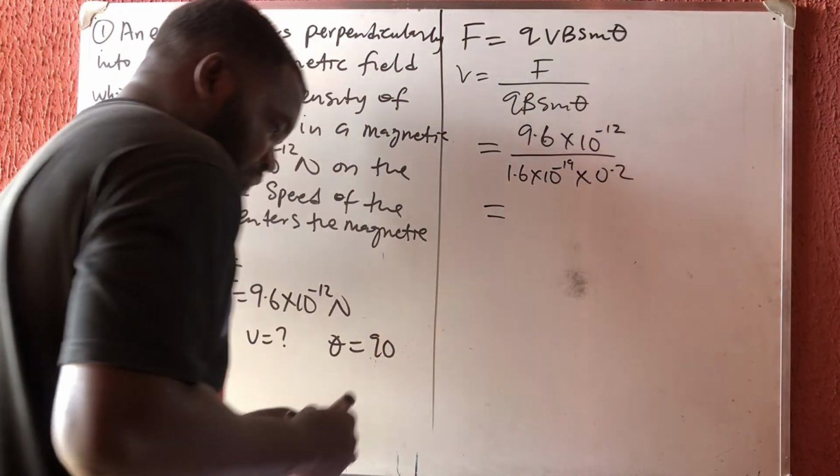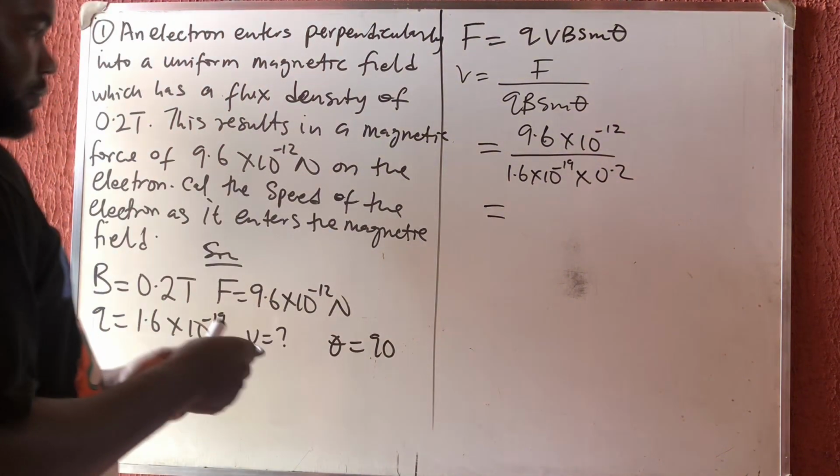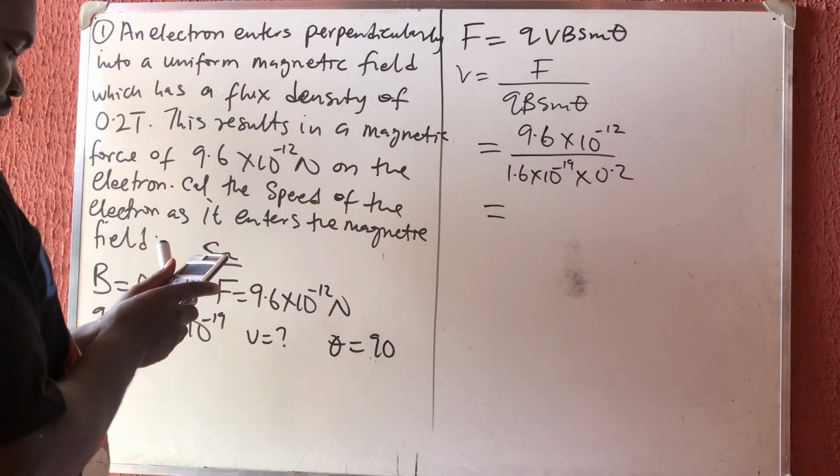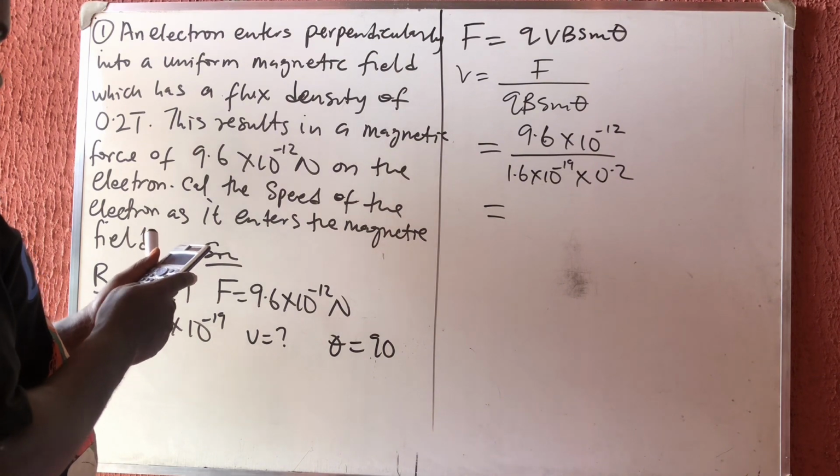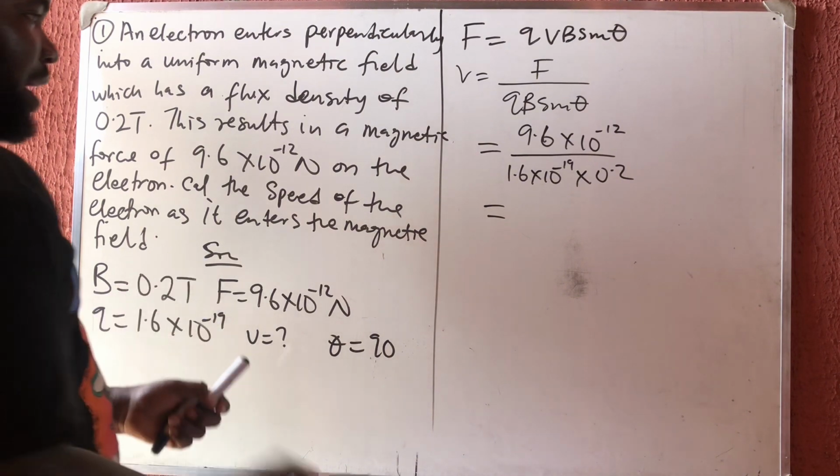So if I do this, I'm going to have 9.6 divided by 1.6 divided by 0.2. So I'm having 30.